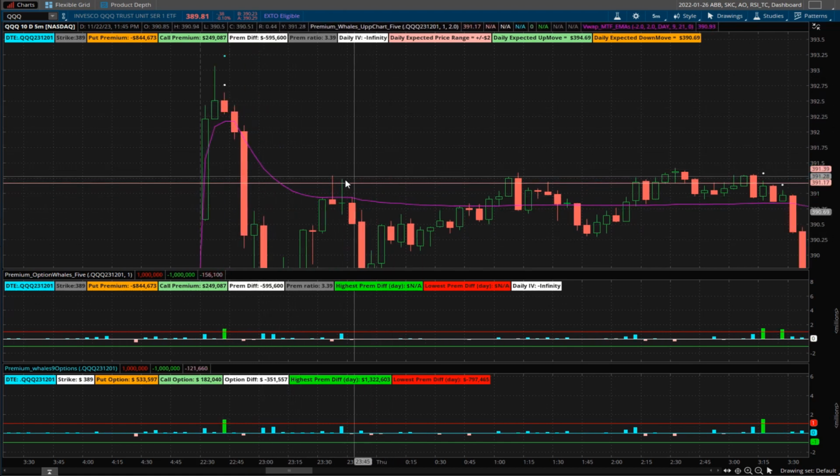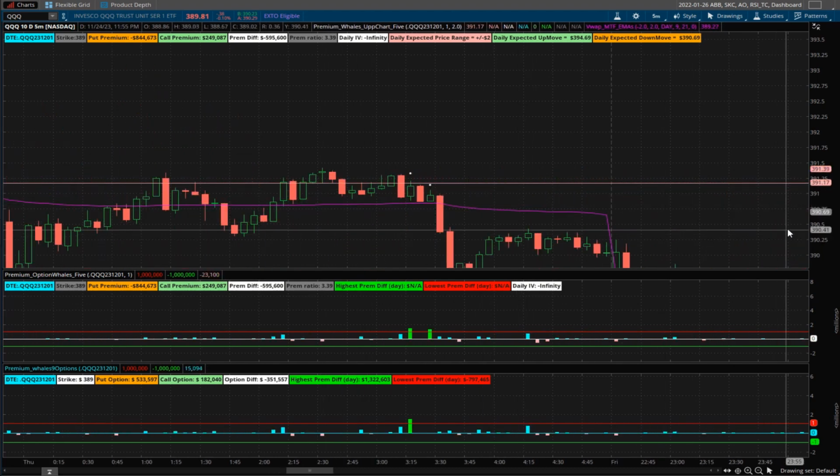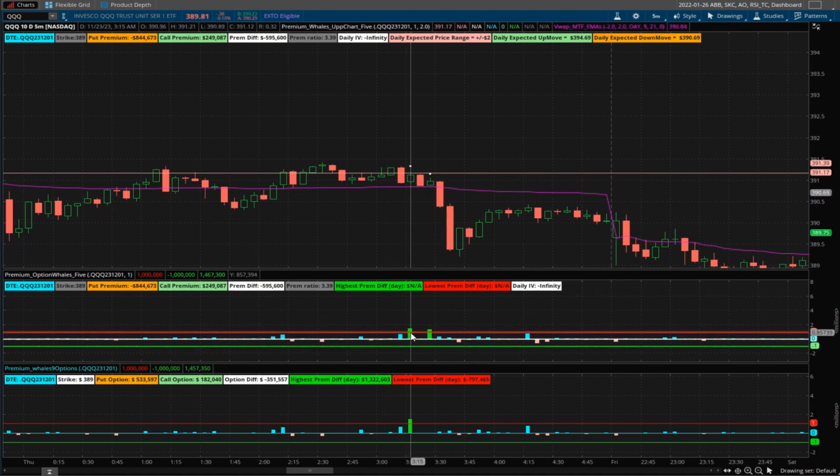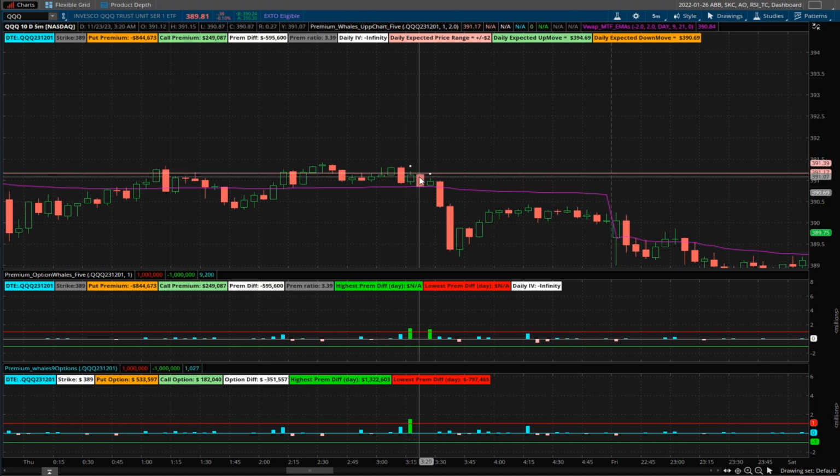Whenever it comes back to retest, you can trade this as well. When there's a call option which comes back to retest here, the next candle will act as a confirmation. A red candle will act as a confirmation to go down. That will be the reversal, which is true enough.